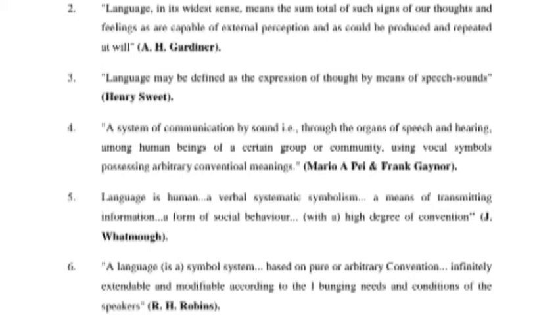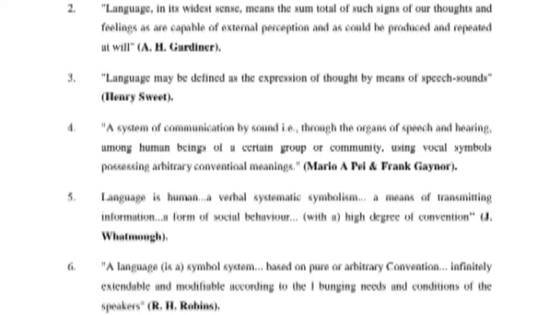Will Hay, H. Gardiner. 3. Language may be defined as the expression of thought by means of speech sounds. Henry Sweet. 4. A system of communication by sound, i.e., through the organs of speech and hearing, among human beings of a certain group or community, using vocal symbols, possessing arbitrary conventional meanings. Mario A. Pei and Frank Gaynor.